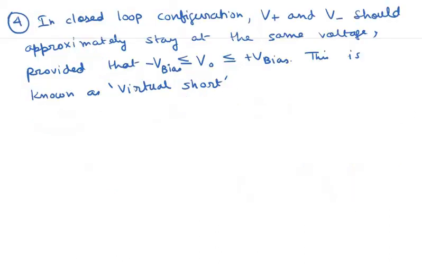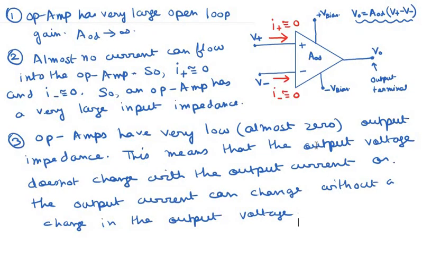and 3. So let us see the property number 1, 2 and 3. So one is that the op amp has very large open loop gain, which is this one. The second is that almost no current can flow into the op amp. Okay, so we have already used this property of the op amp when we approximated that 1 divided by AOD is approximately 0. And we have used the second property of the op amp, that almost no current can flow through the op amp.